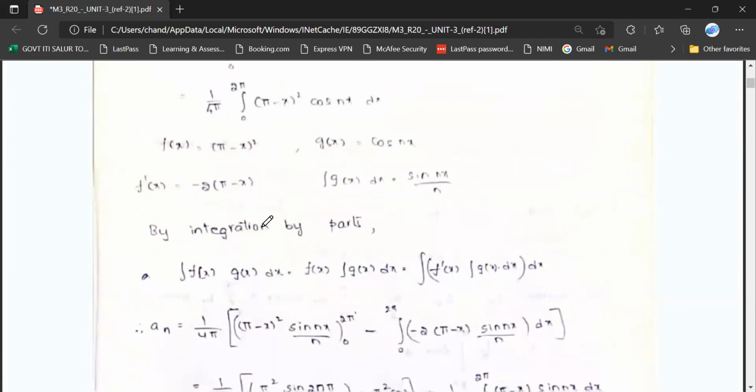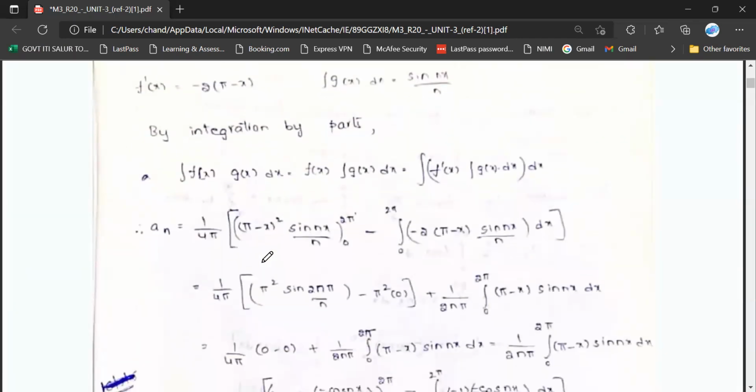So we are integrating the 2 terms individually. By doing so, we get f dash x is minus 2 times pi minus x, and the integration of g of x is sin nx by n. We are integrating by parts.